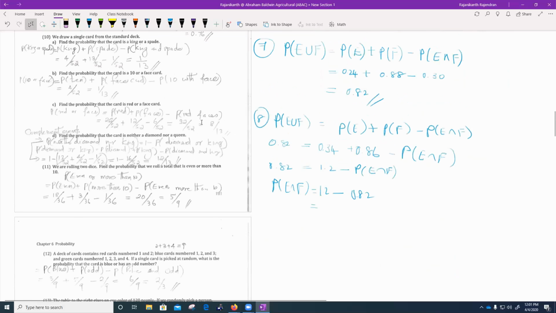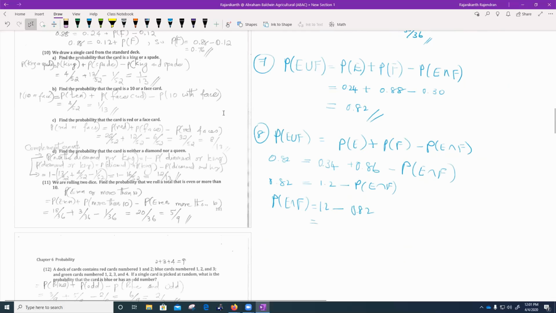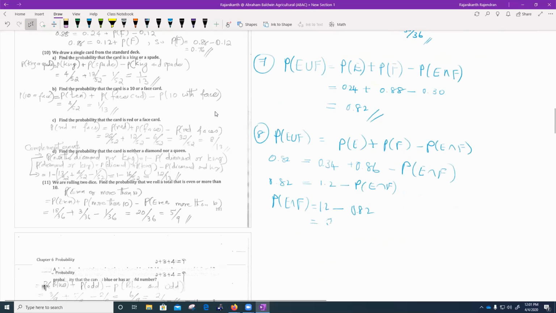So what is that? That is 0.32, right? Is it correct?